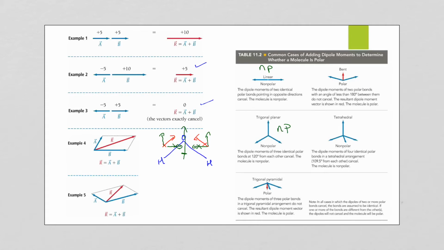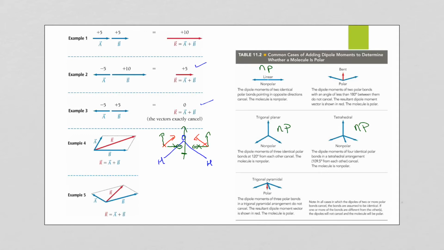A tetrahedron, again symmetrical, will be nonpolar, assuming all four atoms are the same. And this goes for any of the basic geometries. We can expand that to trigonal bipyramidal and octahedral. If they're all bonds and all the atoms are the same, that's a symmetric structure and all the dipoles are going to cancel out.